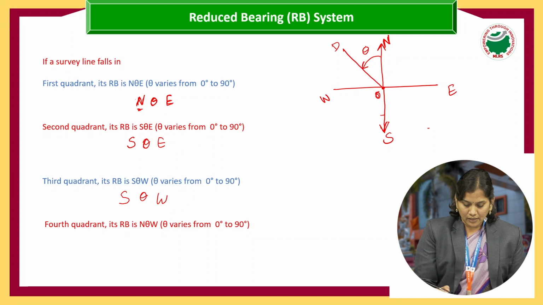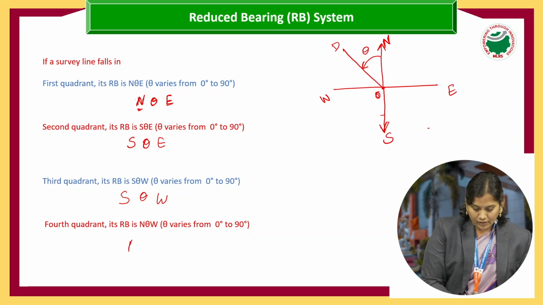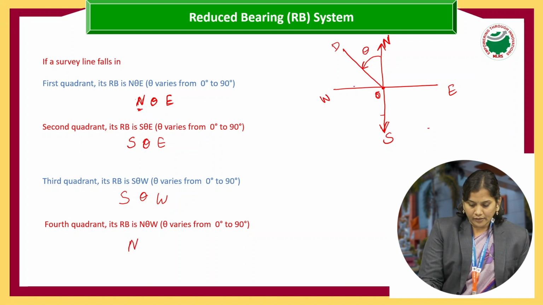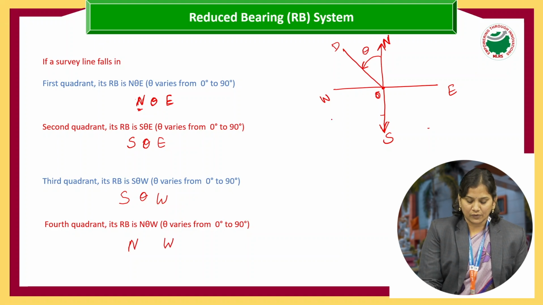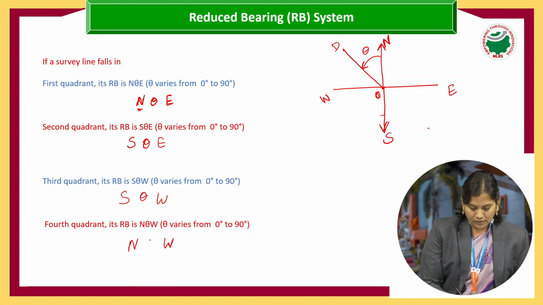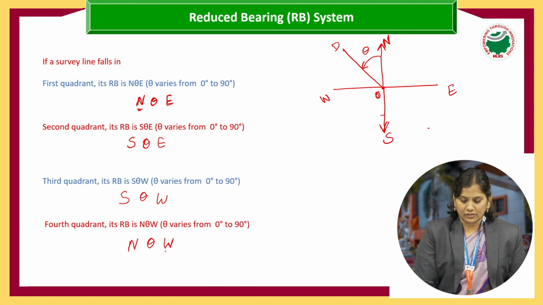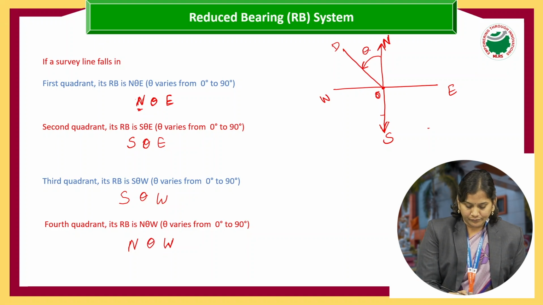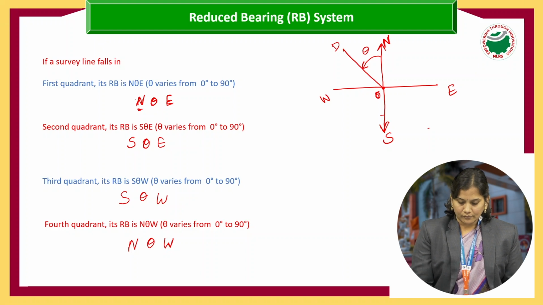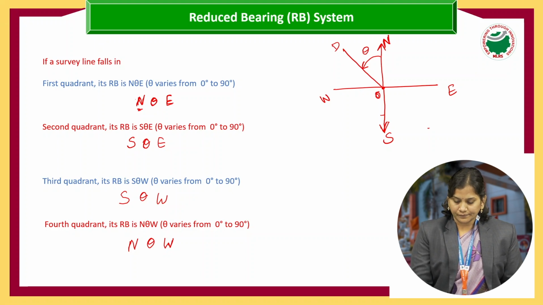If we say this angle is theta, then our reference axis is north and the angle is measured in the westward direction. So north theta west. I hope this is clear.